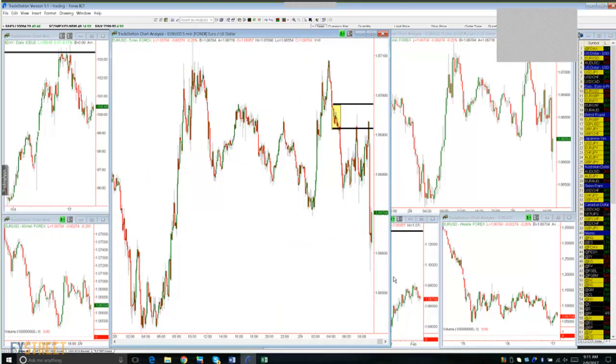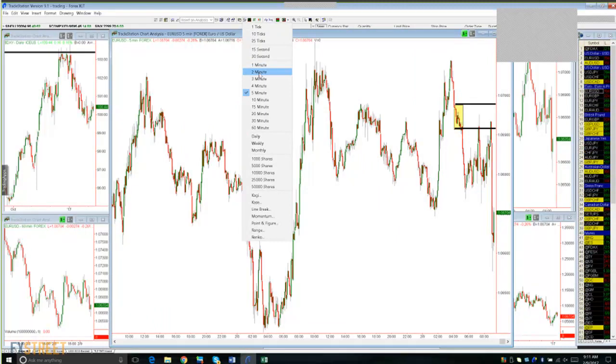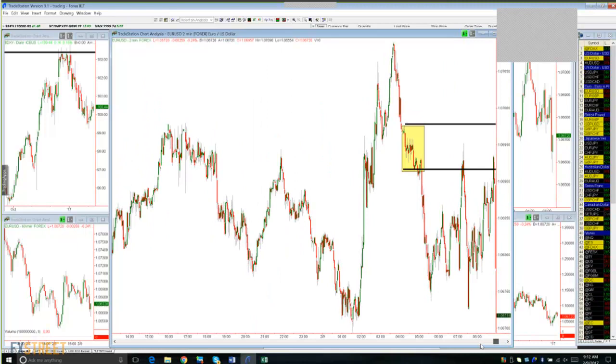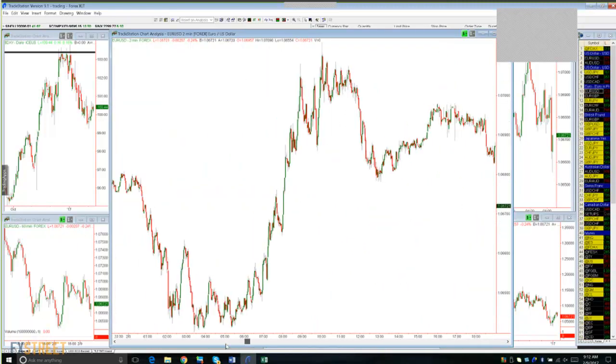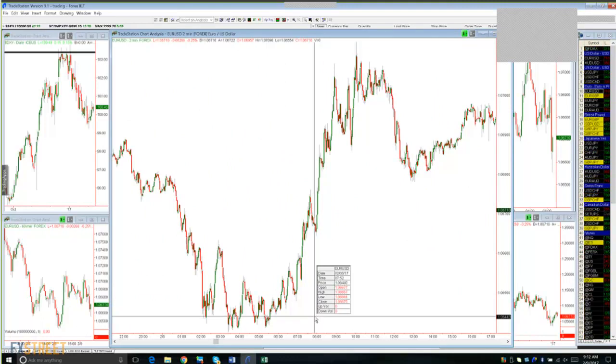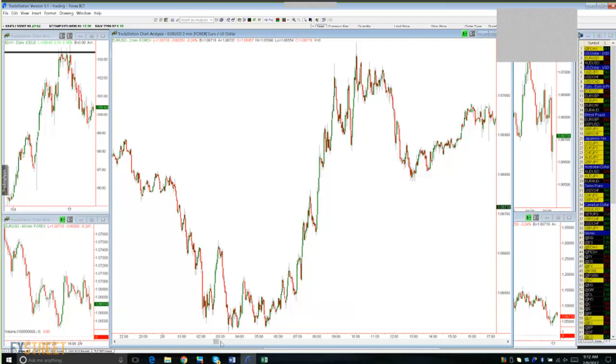We can, I guess I can bring this down to a 2-minute chart. Let's scroll left. Yeah, again, really not a whole lot of demand until you get down to the 106.45, 106.44 actually.